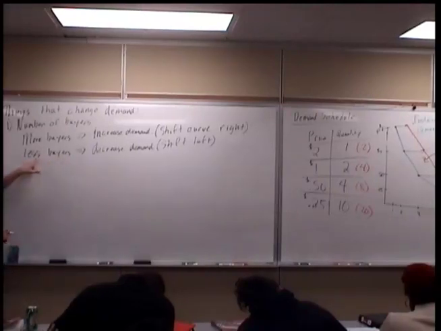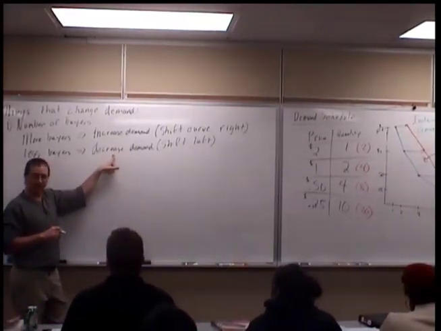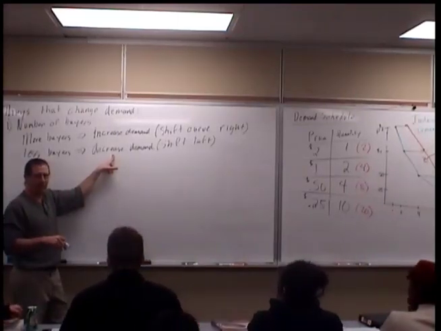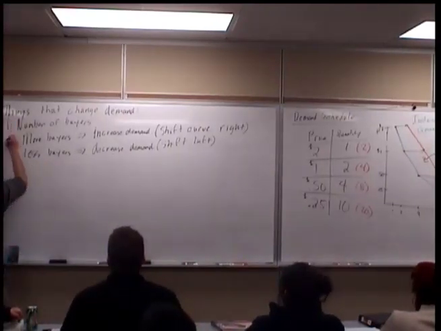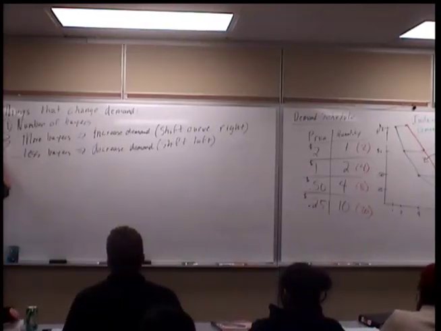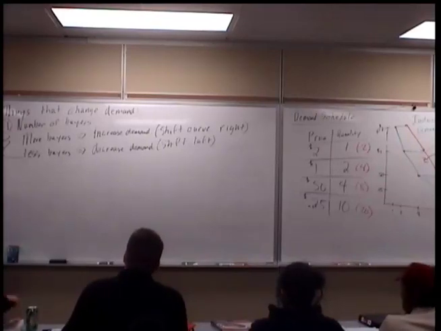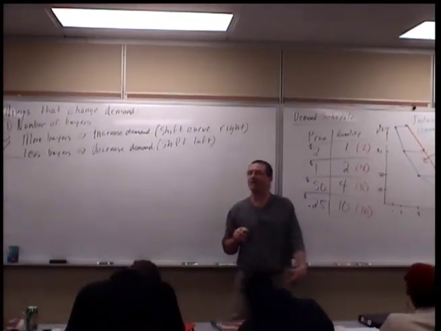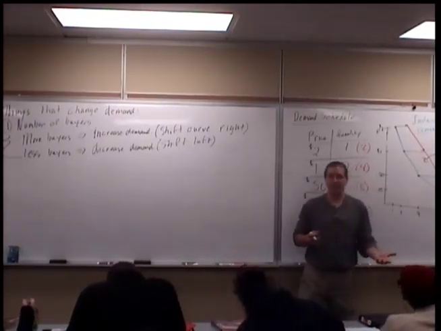If the buyers went down, our demand went down. It moved in the same direction. What do we say things are when they move in the same direction? Direct relationship. Demand and the number of buyers represented in that demand have a direct relationship. So if we increase our buyers, we will increase our demand.